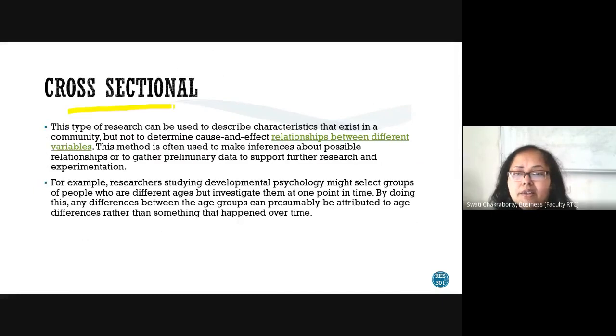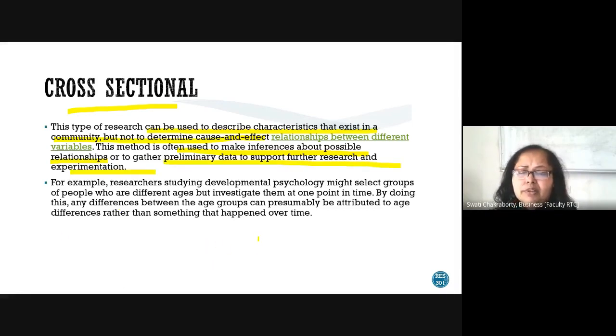So cross-sectional, when we're talking of it, can also be used to describe characteristics that exist in a community, but not to determine the cause and effect relationships between different variables. So it's often used to make inferences about possible relationships or to gather preliminary data to support further research and experiments.